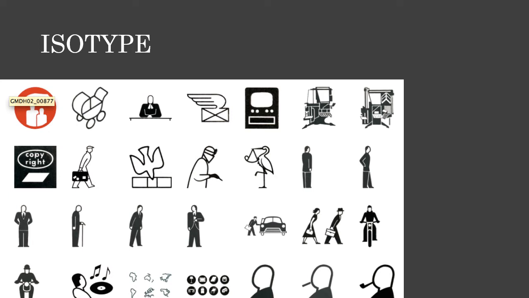As a child, Neurath was fascinated by the function of Egyptian hieroglyphics and how through their forms they were able to communicate a story.